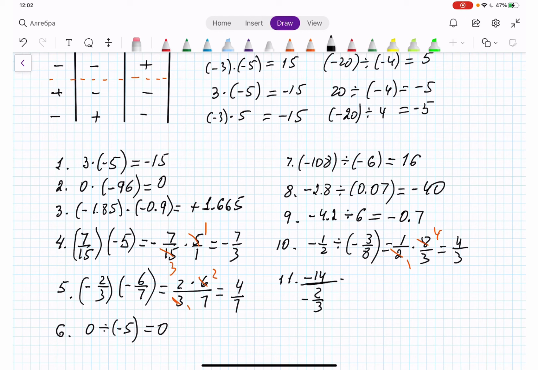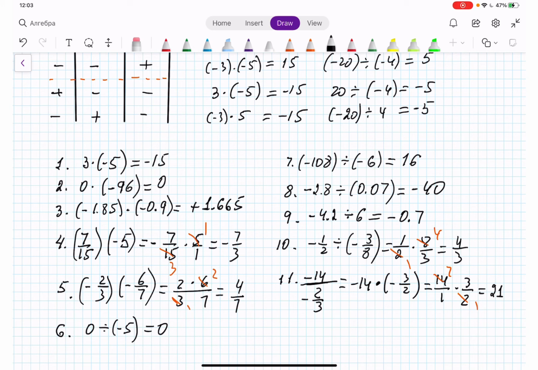This is equal to negative 14 times negative 3 over 2, because we divide by 2/3, so the second fraction will flip, it gets 3 over 2. So both of them are negative, the result is going to be positive. Let's multiply 14 over 1 times 3 over 2. This is 1, this is 7. Both of them we divided by 2, right? And the result is 21.